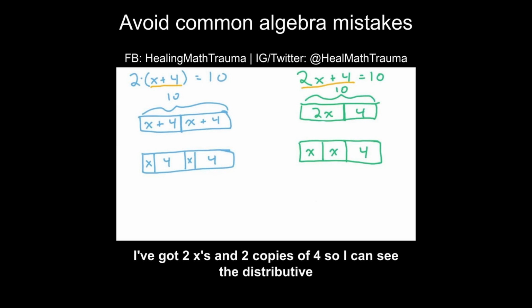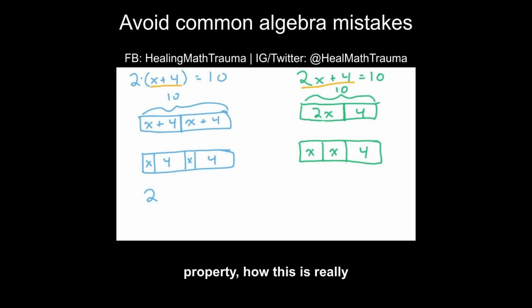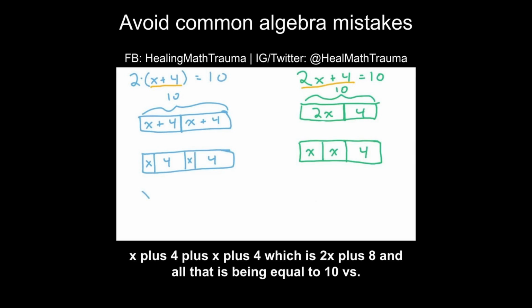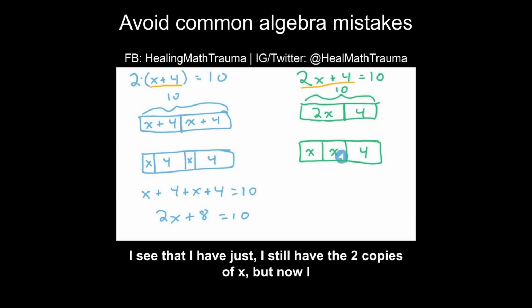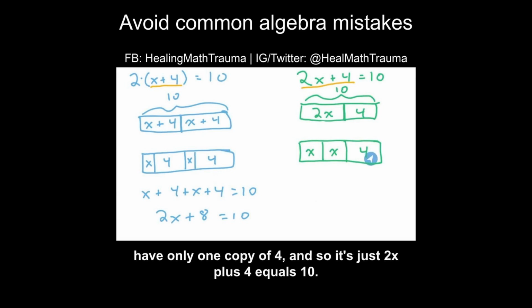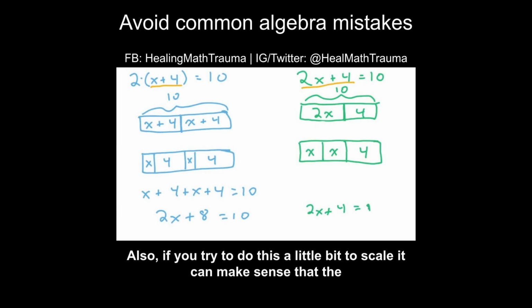So I can see the distributive property, how this is really x plus 4 plus x plus 4, which is 2x plus 8. And all of that is being equal to 10. Versus on the right here, I see that I still have the two copies of x, but now I have only one copy of 4, and so it's just 2x plus 4 equals 10.